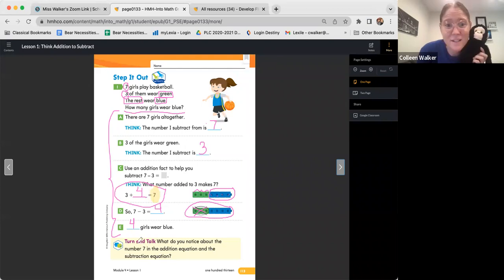Right. So he said in the subtraction equation, it's the number we subtract from right here. So the number 7, that total in the addition equation, it's the sum. But in the subtraction sentence, it's the number that I subtract from. It's that number that we start with.